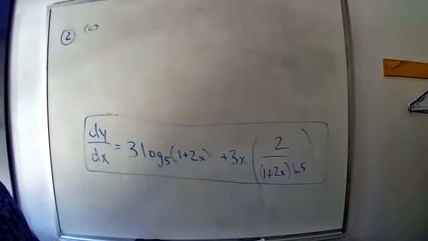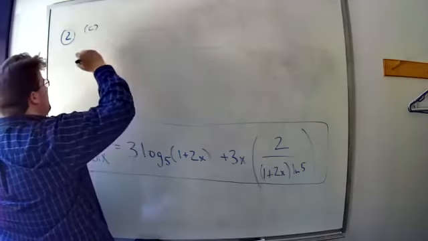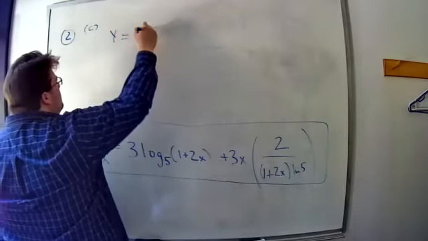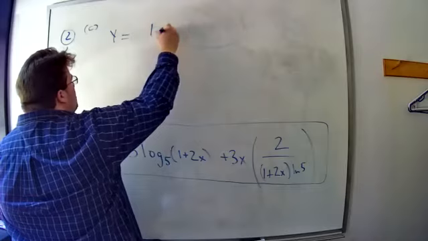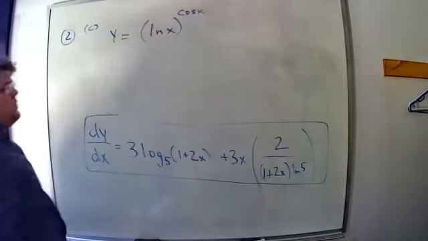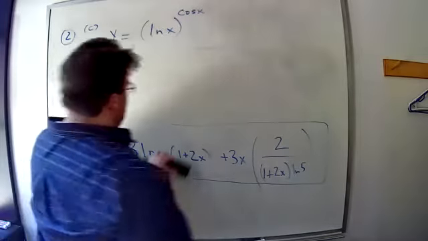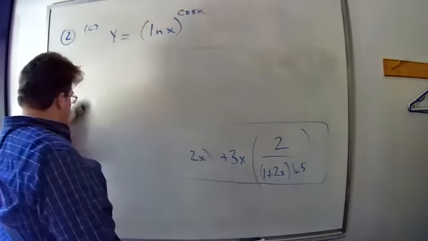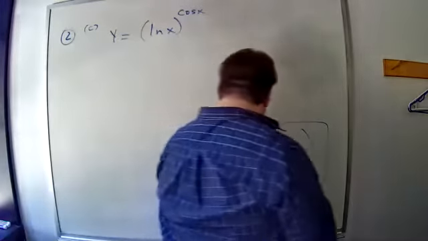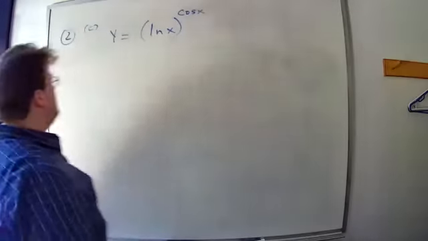But 1b was a limit, 2c is a derivative. Log x to cosine x. So we have here x's in the base and x's in the exponent. So to take this derivative, we can throw a logarithm on it and differentiate implicitly.